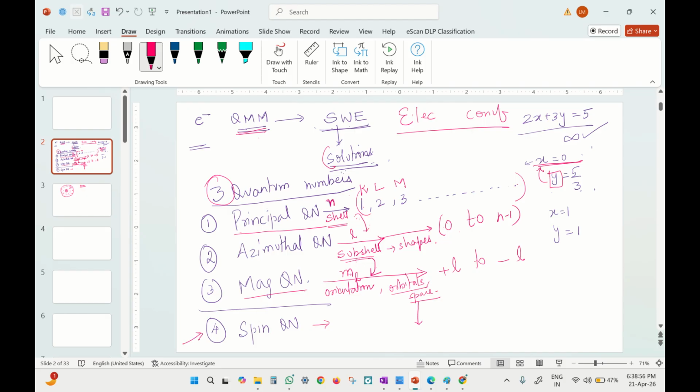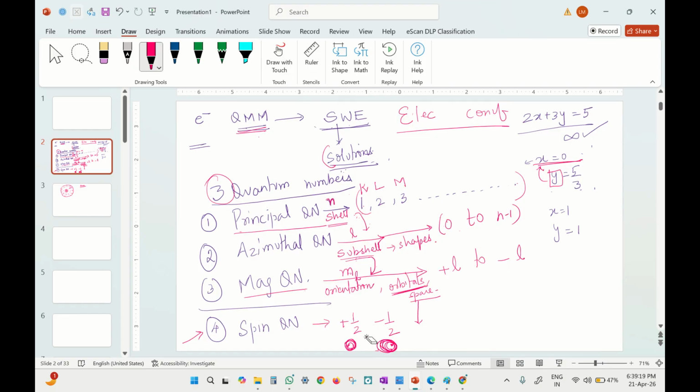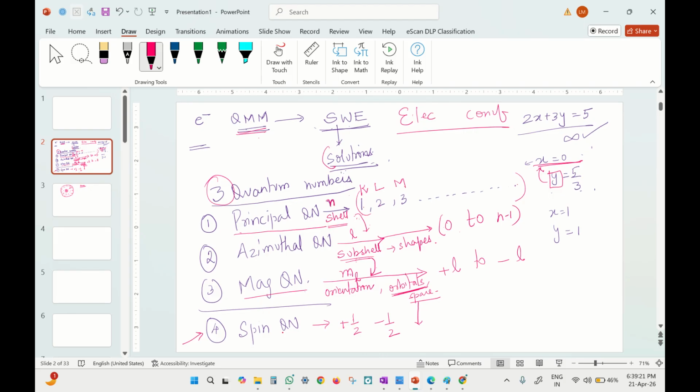The fourth one is introduced by us. So each orbital can have 2 electrons, and the 2 electrons are assigned plus half and minus half spin. If the electron is spinning on its axis in the clockwise direction, we will say plus half. If it is spinning anti-clockwise, we will say it is minus half. This was introduced by us to satisfy our needs. Fine, children? Any doubt in this?